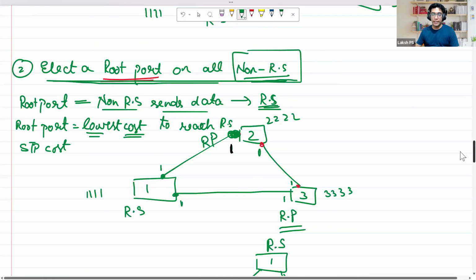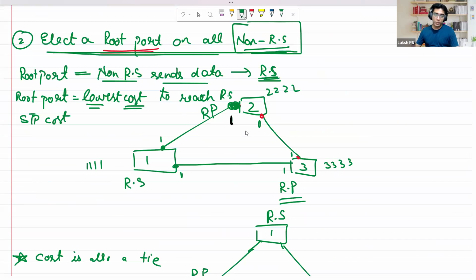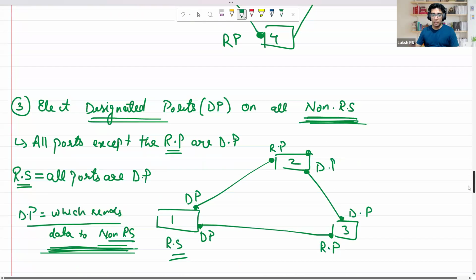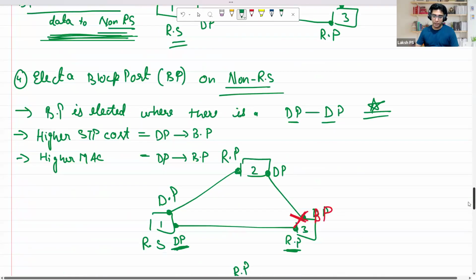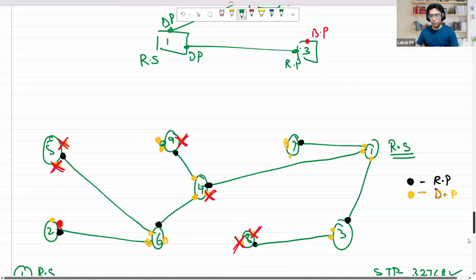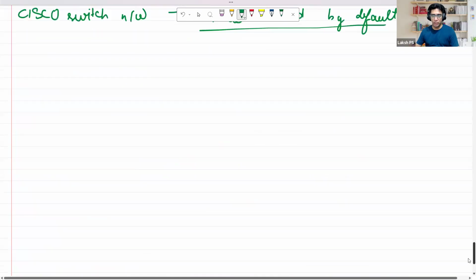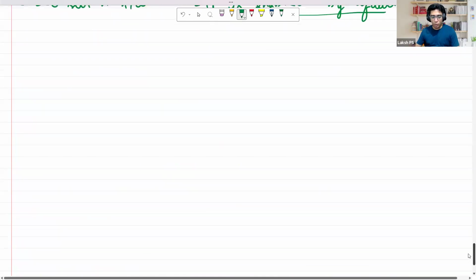Whichever interface has a lower cost to reach the root switch takes over the role of root port. Whichever switch has a higher MAC address or a higher cost to reach the root switch takes over the role of a block port, and so on. We discussed all this. But one question that is still not answered is: how do these switches know each other's MAC addresses? How do these switches know each other's priority?